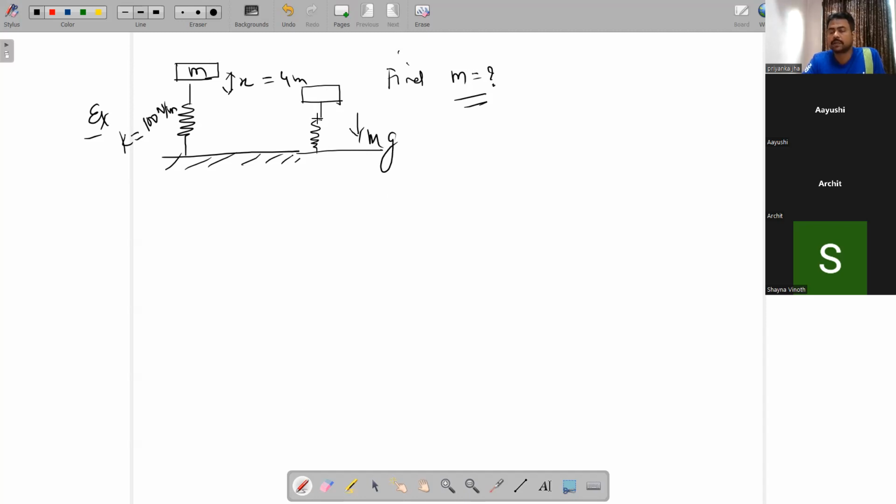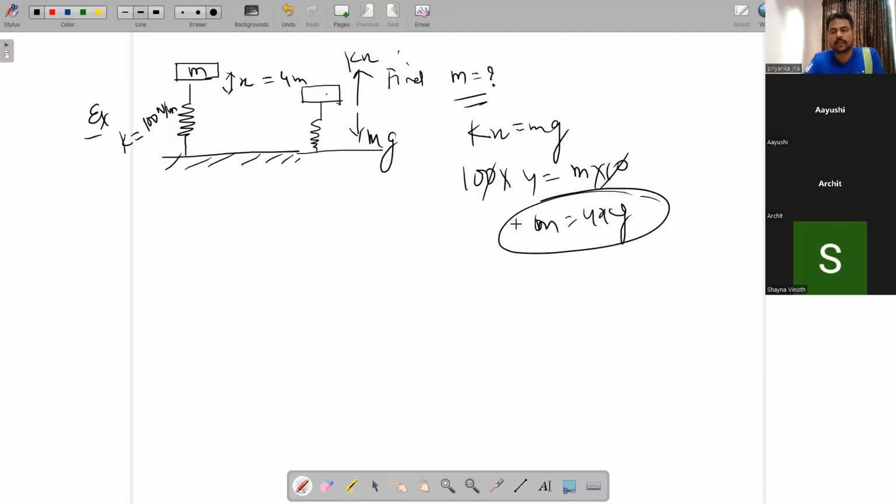And because this spring is compressed, it will push up. So kx will be acting upward. And now this will come into equilibrium. So kx will be mg. k is 100, x is 4. Oh, 40, right. Mass, this is 10. Yes, sir. So m is 40 kg.